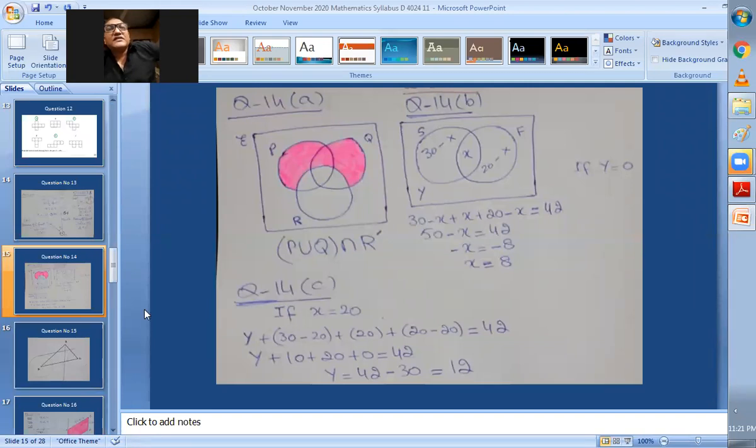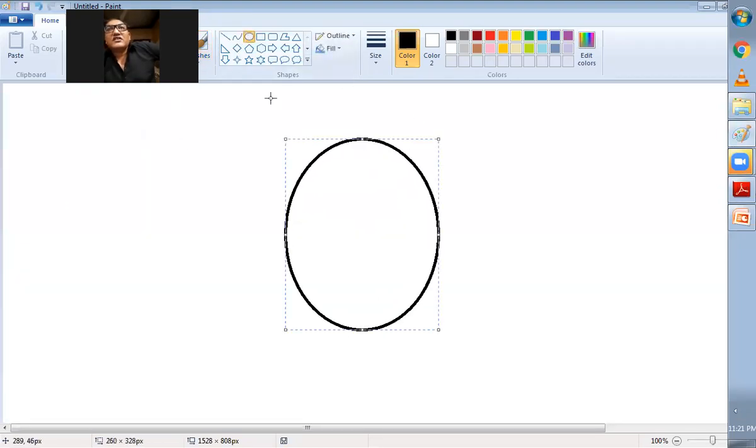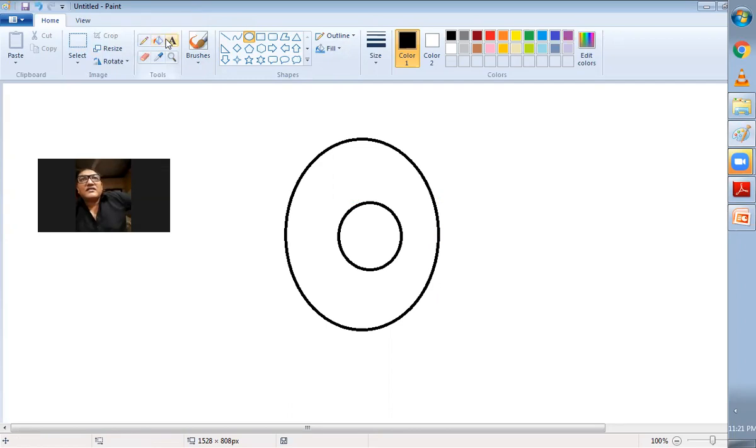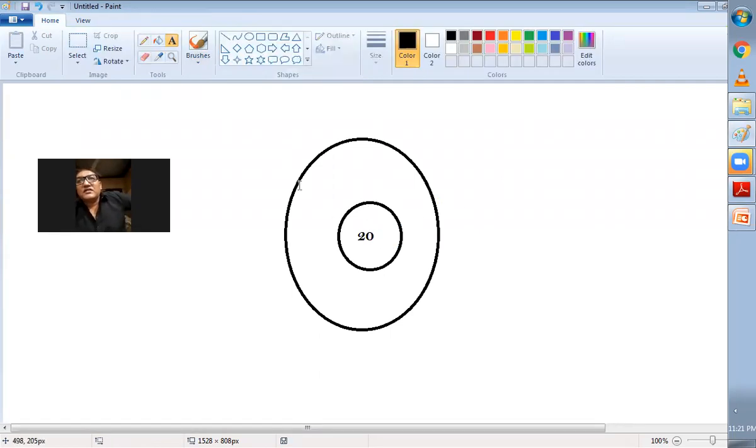You can understand it in another way also. If you have a circle, let me say this is the Spanish, and then I have a circle which is the French. They are 20. In the Spanish, there are a total of 30 people.